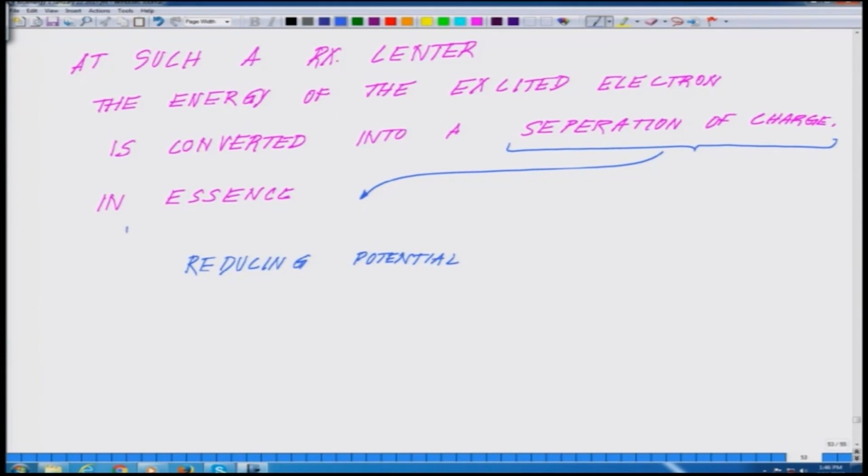In essence, what we are doing is using light energy to create the separation of charge.